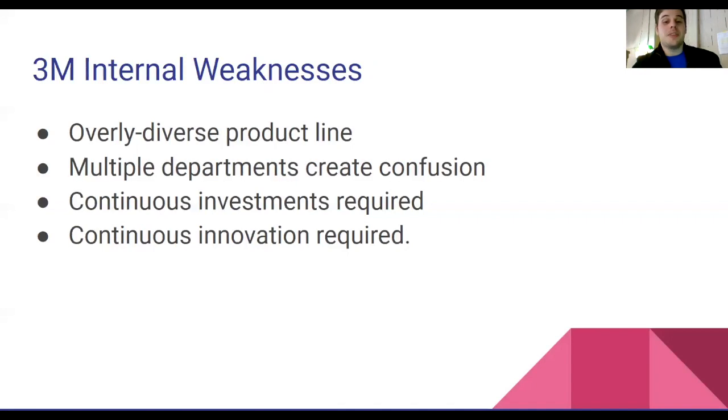Too many departments involved on a single project can create slower and inefficient product development and confusion over who actually has authority in that project. This has led to 3M consolidating a lot of their smaller and similar divisions to minimize all this confusion. However, with their numerous departments and all of the inner workings of the departments who have to work together on projects, this is bound to happen occasionally.